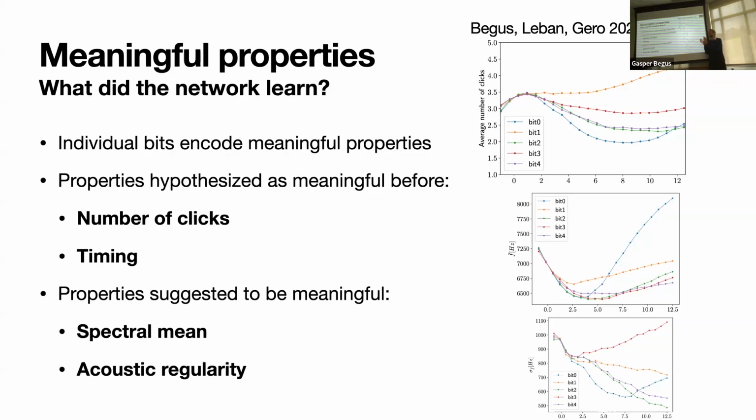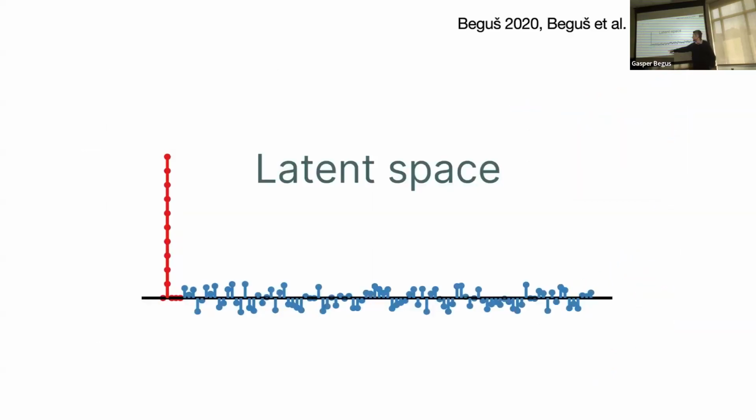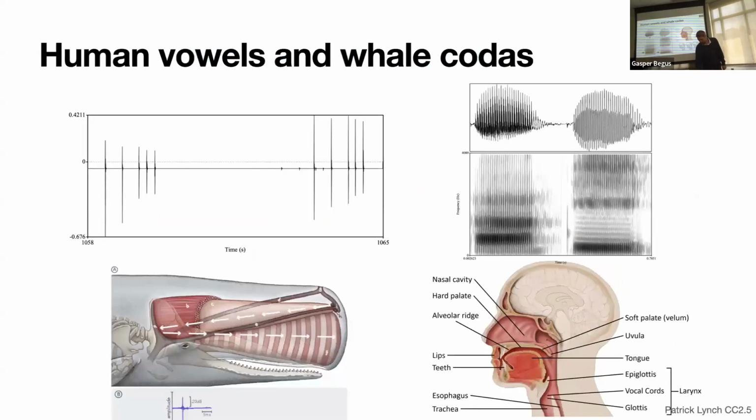So the model learned to imitate codas, and it learned to embed information into those codas. We asked it, what acoustic properties did you use to embed information? And spectral means turned out to be one pretty clear one, where it used one bit to encode information. When you say one bit, is that like one? Yes, correct. One of those.